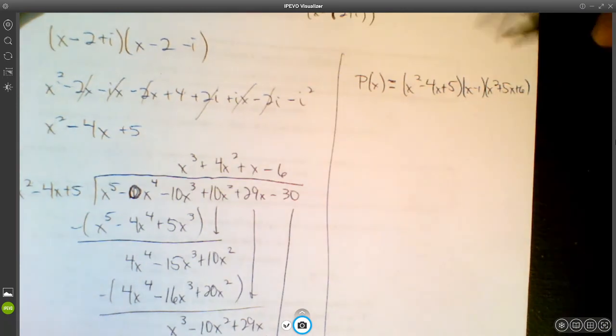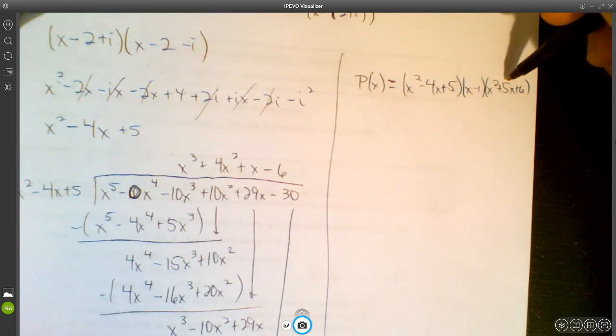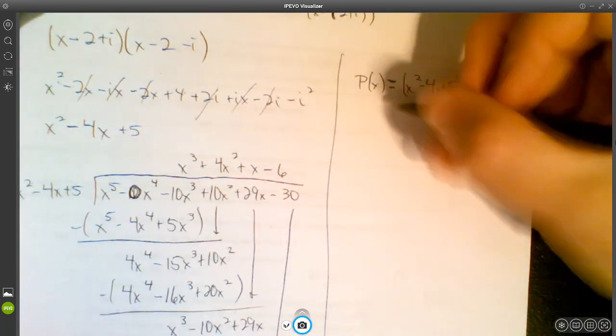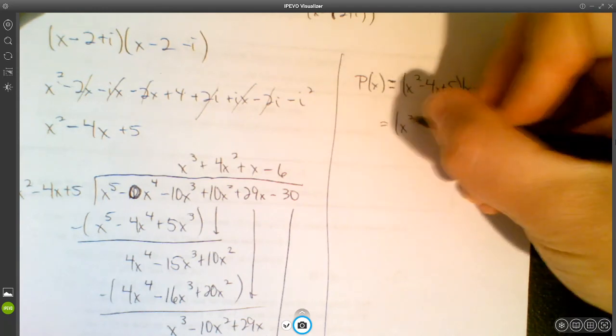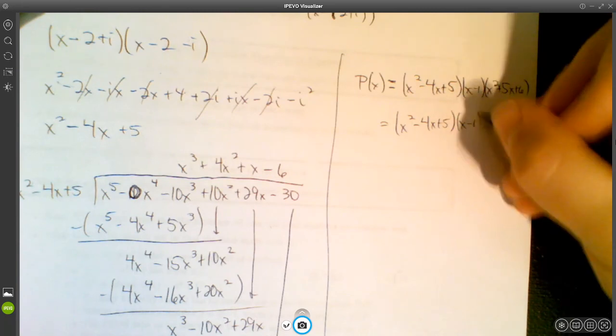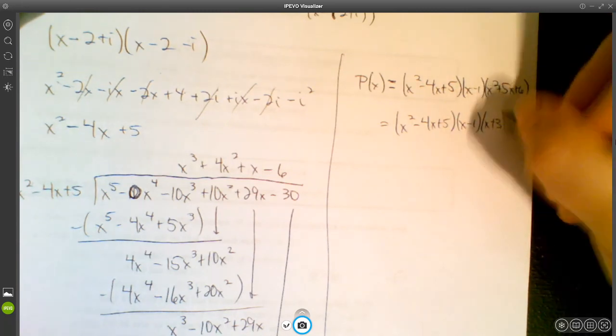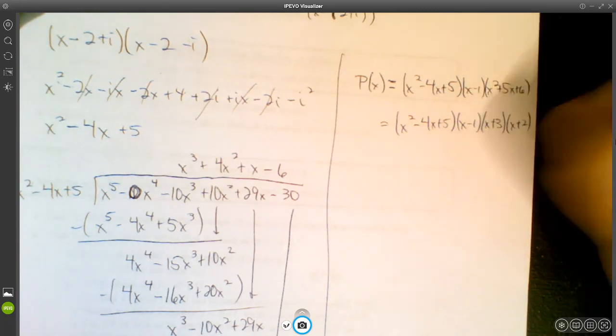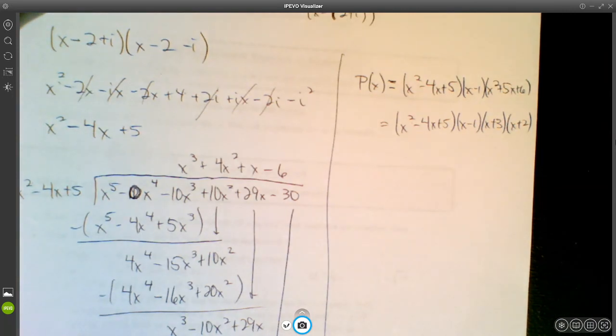Now, can I factor that thing any further? I think so. This is x plus 2 times x plus 3, right? So we've got x squared minus 4x plus 5 times x minus 1 times x plus 3 times x plus 2. There we go.